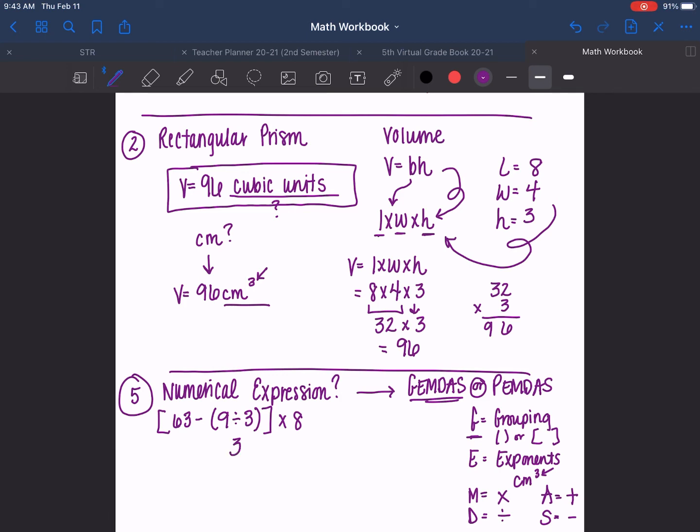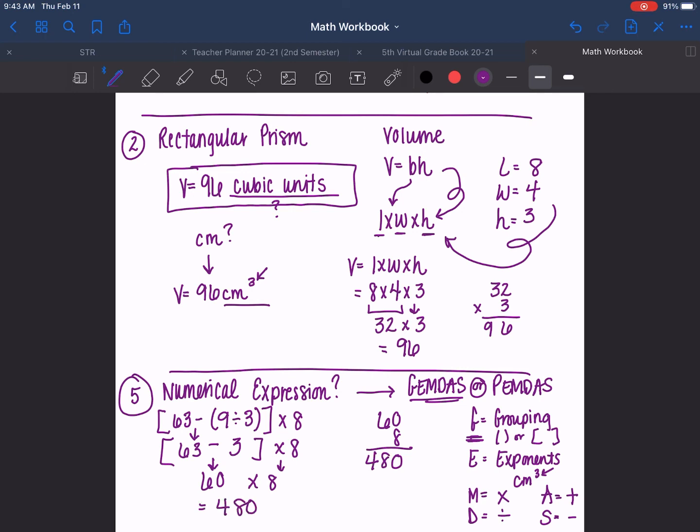Well, we do. We have parentheses and a bracket. So I already completed the 9 divided by 3, which is 3, and I brought down the 3 and the 63, which now creates just a bracket, and I still have to complete that. 63 minus 3 is 60. Now I'm bringing down the times 8, and 60 times 8 is 480.